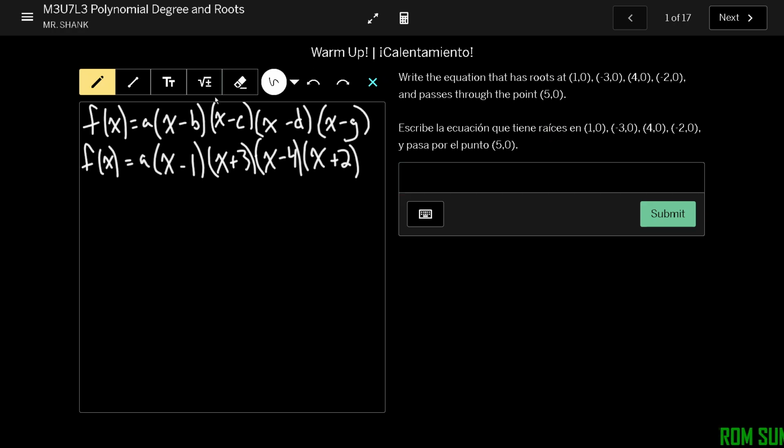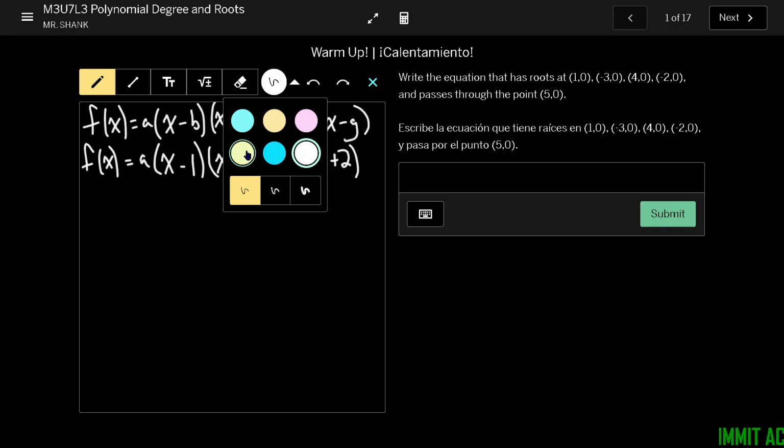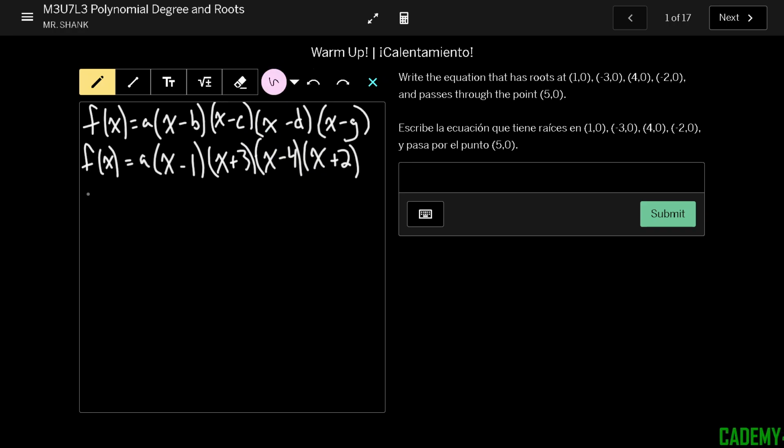So now what we're going to do is substitute, let's say, this extra point, which actually is already an x-intercept.